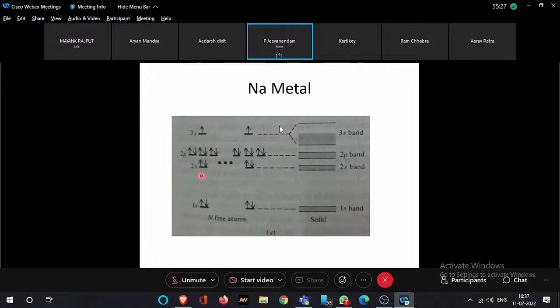Somebody asked you this question, why in the 2p orbital are there only 3 orbitals? Why not 5? Why not 4? Can anybody answer? Why are there only 3 p orbitals? Because of degeneracy. Degeneracy means they are of the same energy, but why are there only 3 orbitals? px, py and pz. I don't have more than 3. 3 axes, 3 dimensions. There can be only 3 orientations of these.